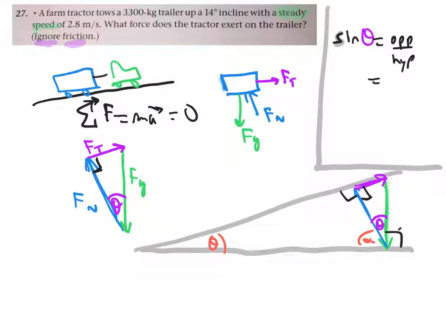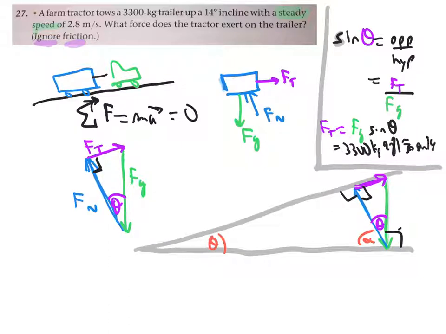In our triangle, the opposite side is FT and the hypotenuse is FG, and that tells us that FT is FG sine of the angle. So we take our 3,300 kilograms times 9.81 meters per second squared times sine of 14.